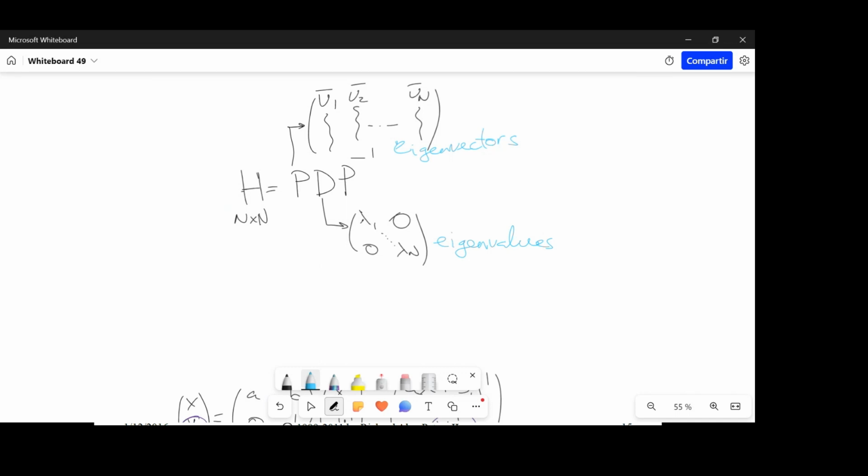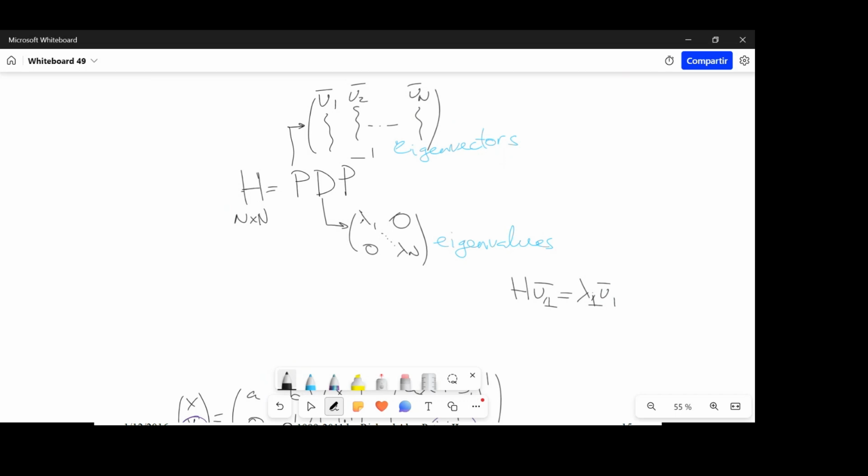So, which are these ones? These values are such that H times v1 is lambda 1 times v1, and so on. So if I take this vector multiplied by H, what I get is the same vector multiplied by a scalar. In general, that doesn't happen. If you take any vector multiplied by H, what you get is something different. But for eigenvectors, you get this relation. The same for all the others.